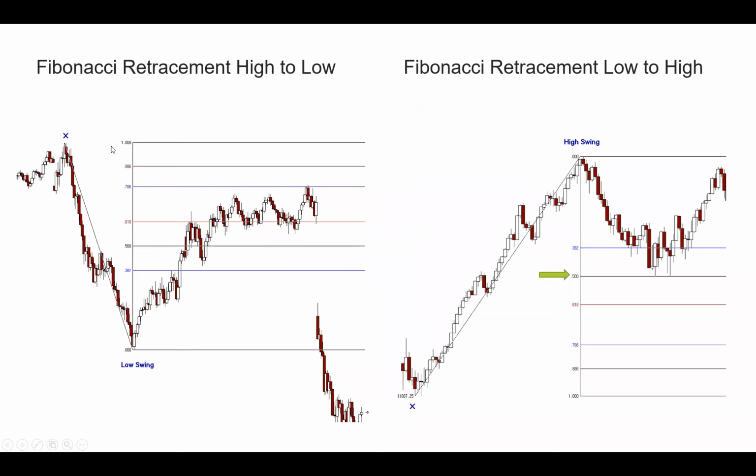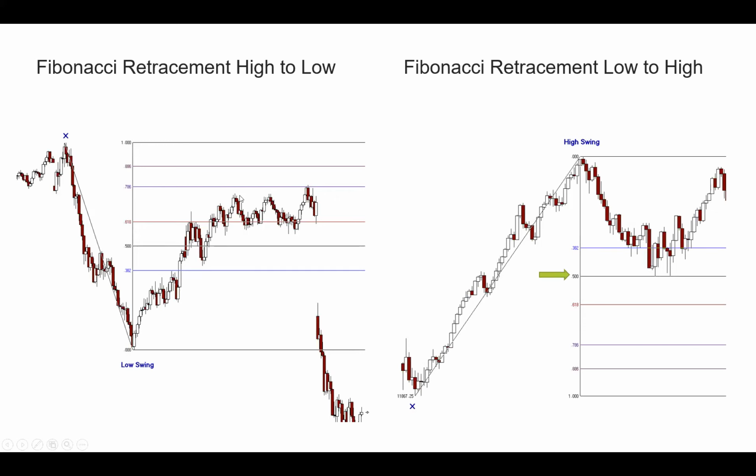Okay, now here's what Fibonacci retracements look like with price added onto it. And it's important to start to observe how price reacts around the Fibonacci levels and the retracements. There's other tips and tricks that you can use.